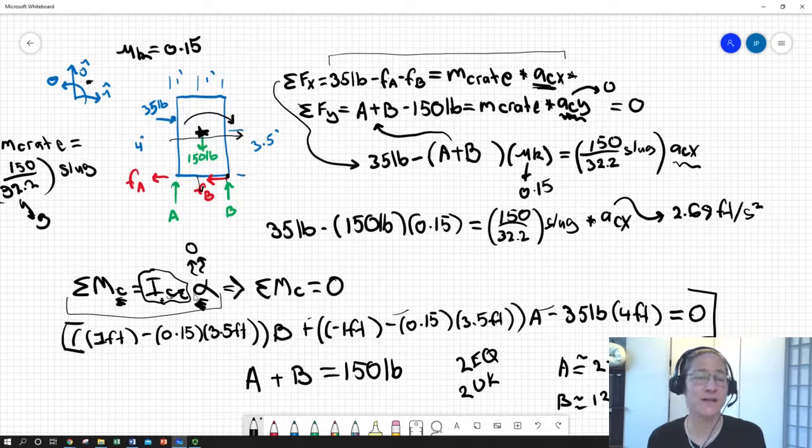If you don't know otherwise and it isn't too cumbersome, it's just a good default to use the center of mass, because that gives you a full expression for the kinetics of a rigid body: the sum of the moments about the center of mass equaling the moment of inertia about the center of mass times the rigid body's angular acceleration, and then translational motion described by the XYZ acceleration of your mass center.